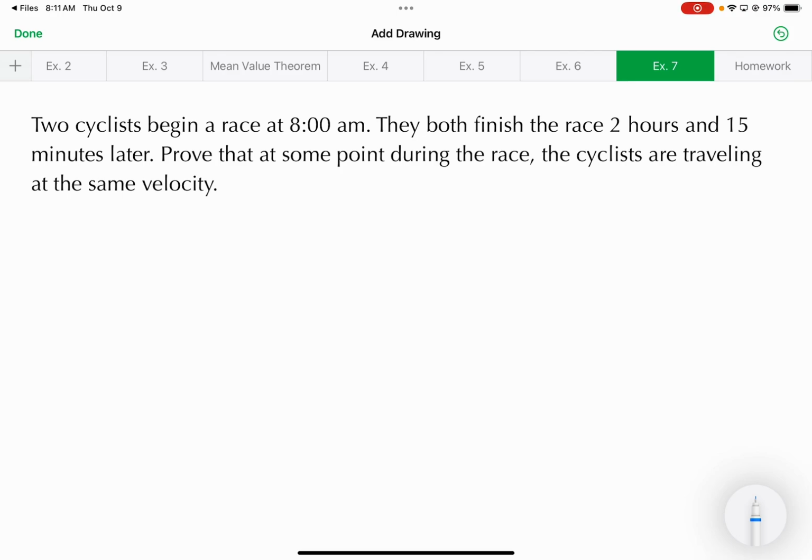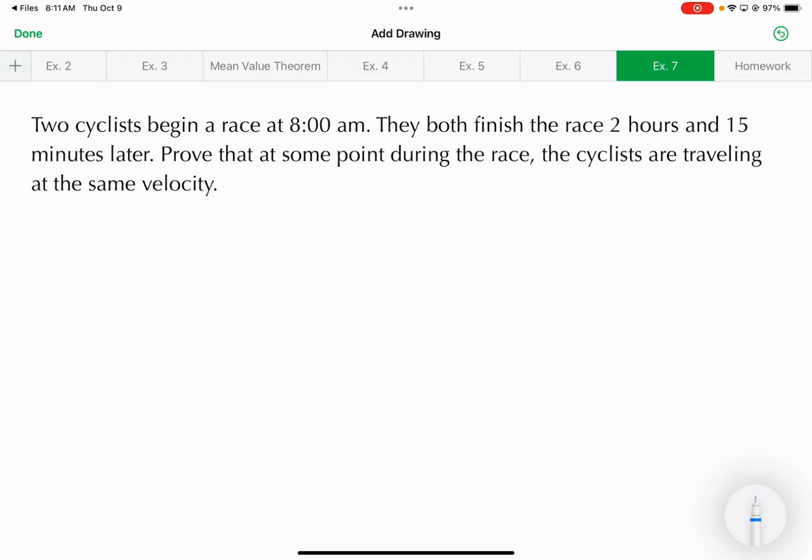We can also assume this is a continuous function, right? And is differentiable. They'll have a rate of change at every point in between when they start at 8 a.m. and then they finish at 10:15 in the morning. So we can assume those things. We know it's differentiable. We know it's going to be continuous. They're just going to be traveling. Their position has a value at each one of those points. Okay.